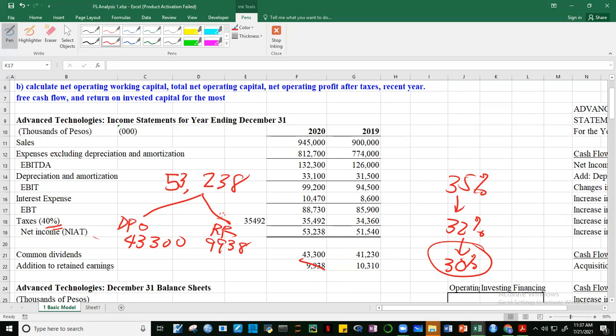Now you can ask me, how did we get the 43,300 and the 9,938? Well, that was a decision by management, also communicated to the board of directors for their approval. The company discussed it. It shows that the dividends issued are higher.